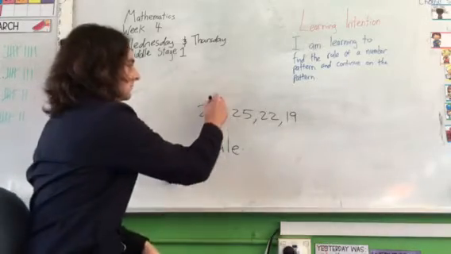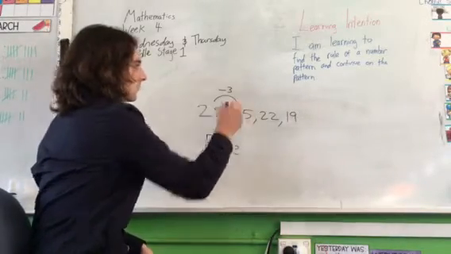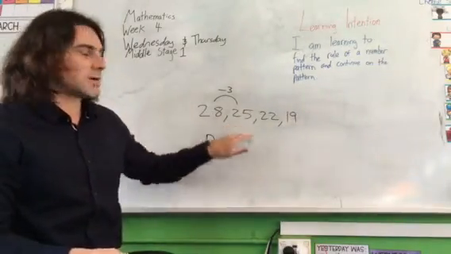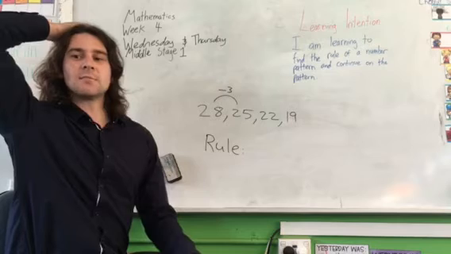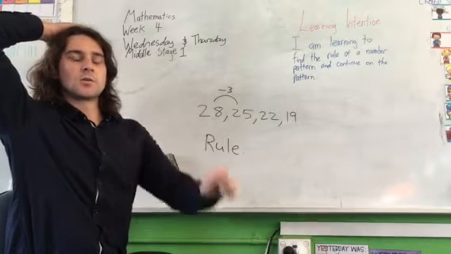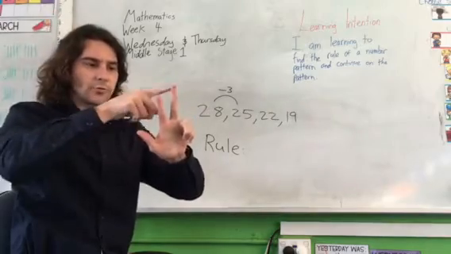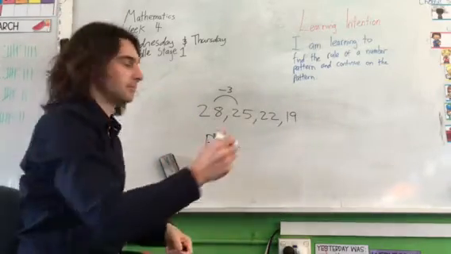I am minusing 3. I'm going to check now with 25. 25 goes in my head. 24, 23, 22. 1, 2, 3. I've done that again.